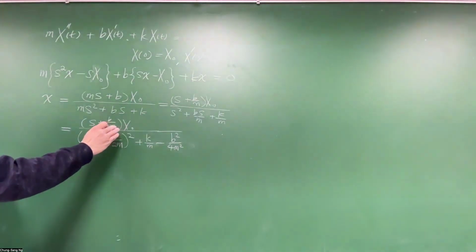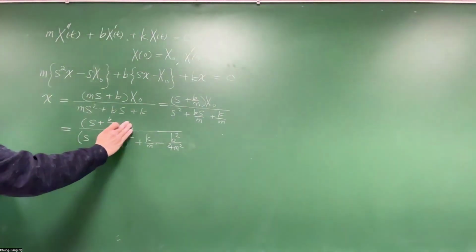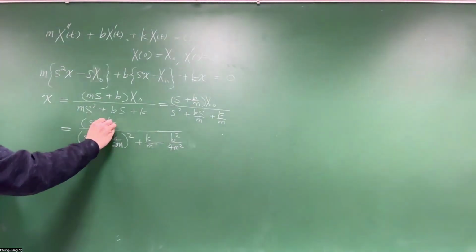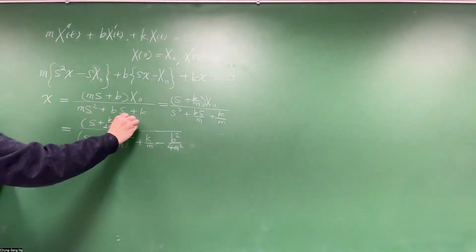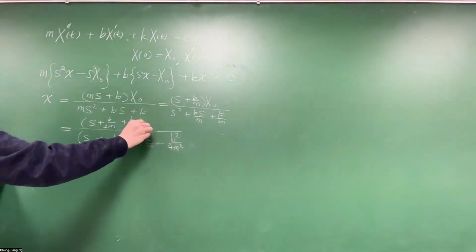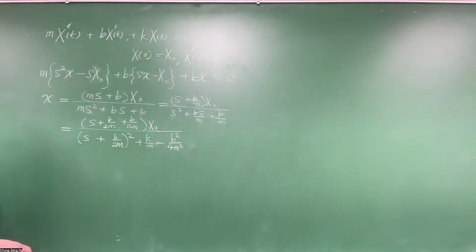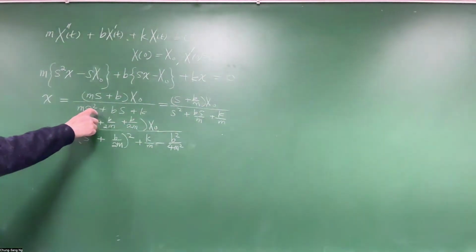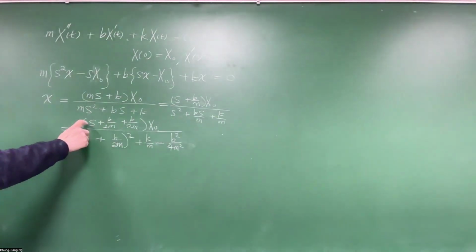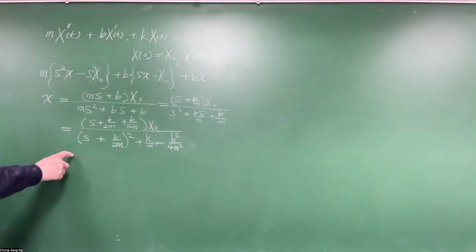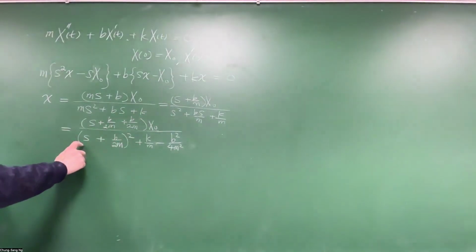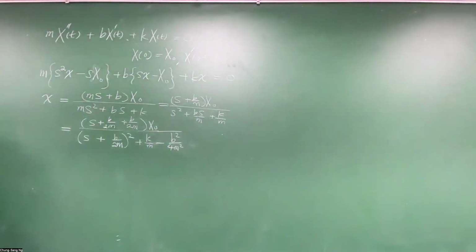So you probably want to separate it into two terms: s plus b over 2m, plus another b over 2m. Then one term is this one divided by the denominator, and the other is just a constant divided by the same denominator. So you got two terms.